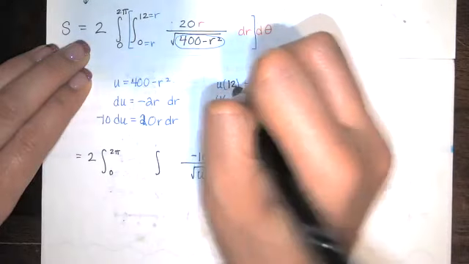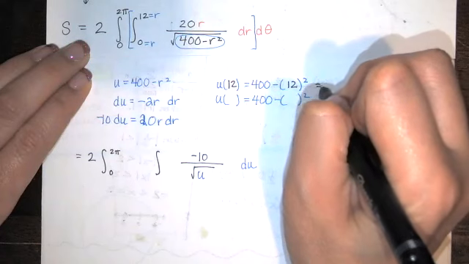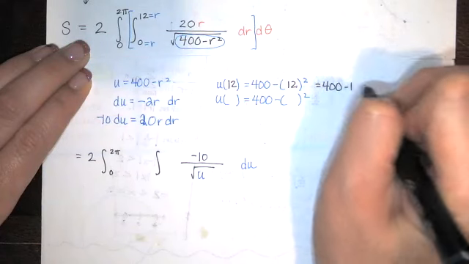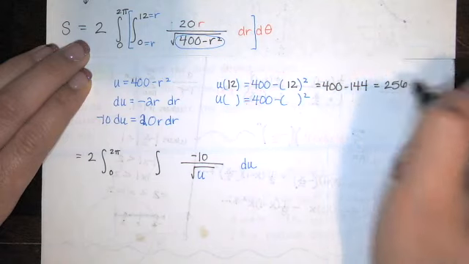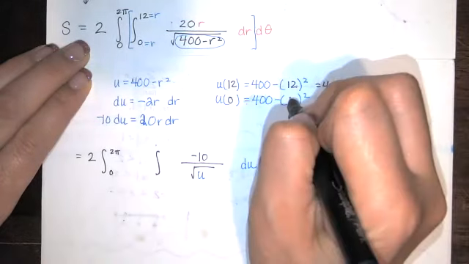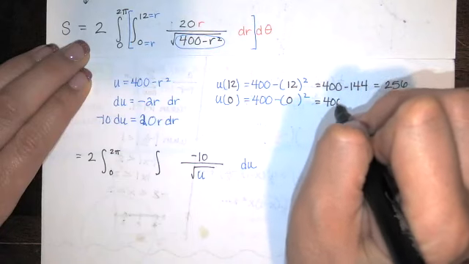So if we substitute r equals 12 here, we get 400 minus 144, which turns out to be 256. We substitute r equals 0, we get 400.